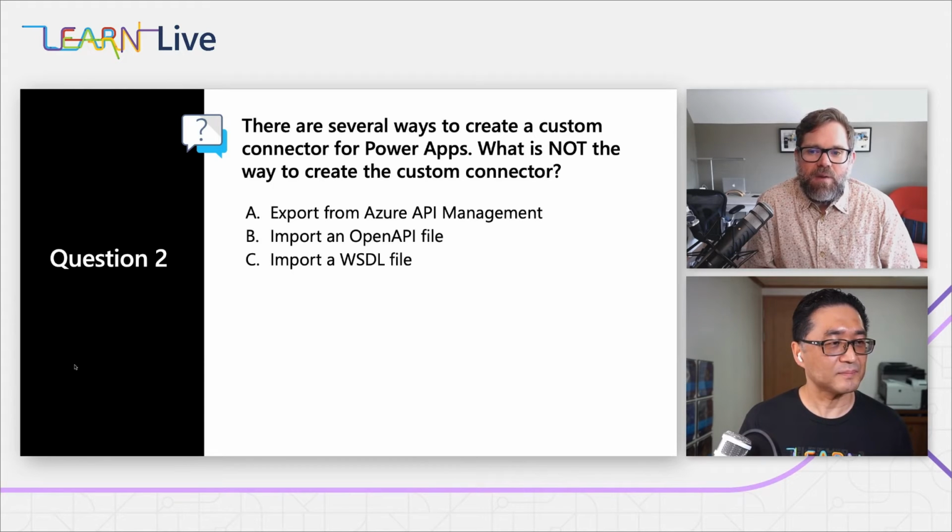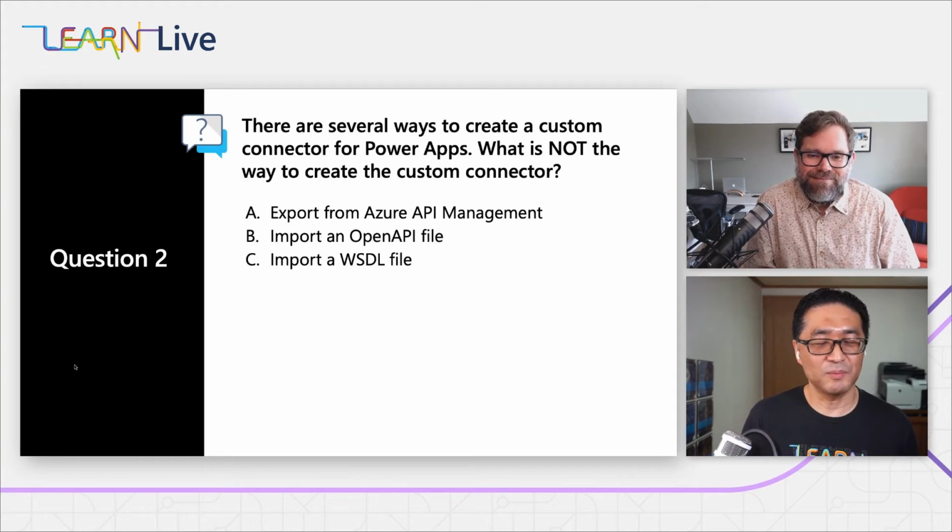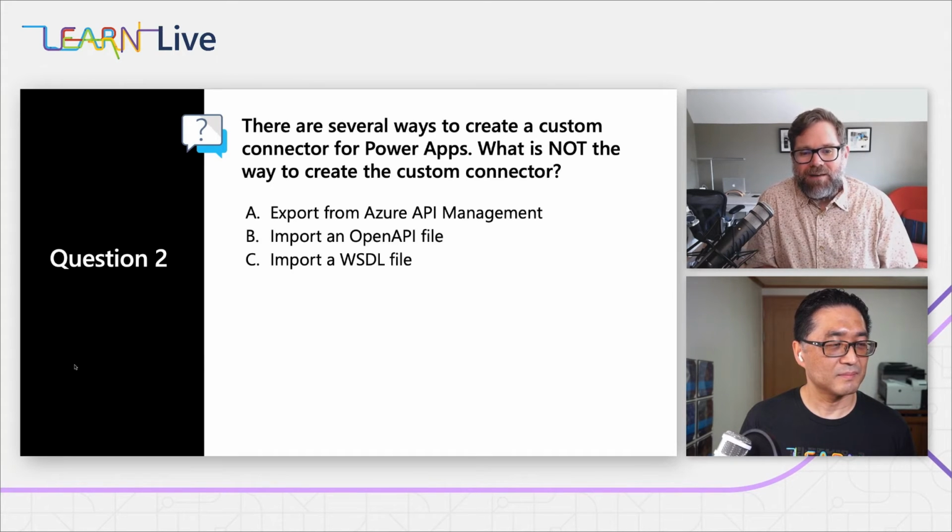Well, can we not export it from Azure API Management? All right. Well, okay. Can we not import an OpenAPI file to create a custom connector? Okay. How about C? Can we not import a WSDL file, or Web Service Definition Language file?